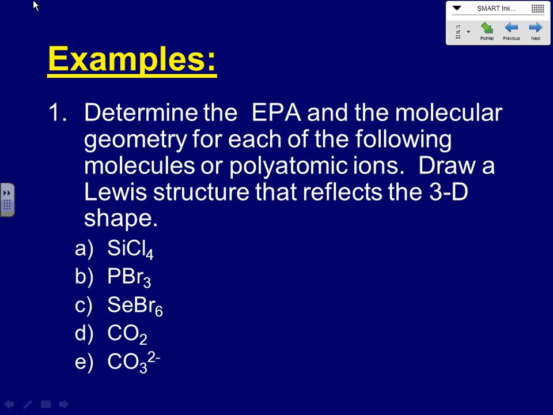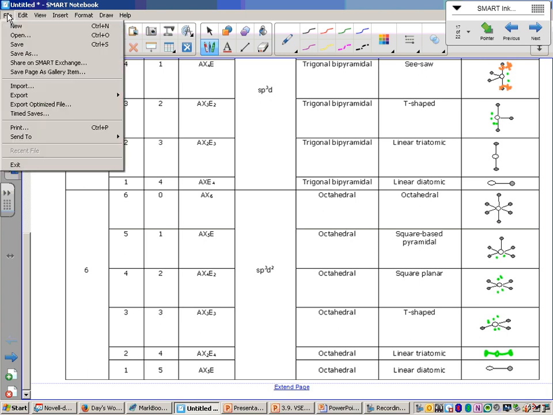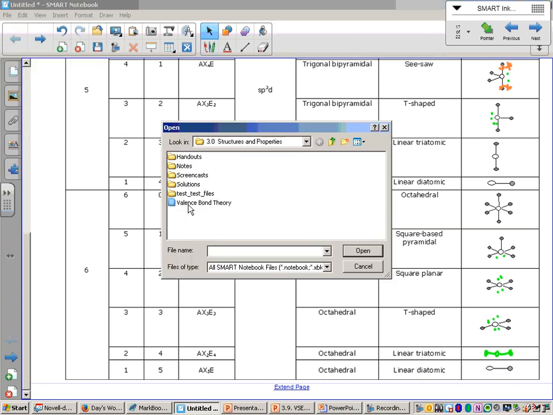Okay, and I'm going to go through these with you today, and a couple more examples, and then I'll let you work. I'm going to switch over to the, again, Smart Notebook. It works better. So let me just open a file here. File, open.